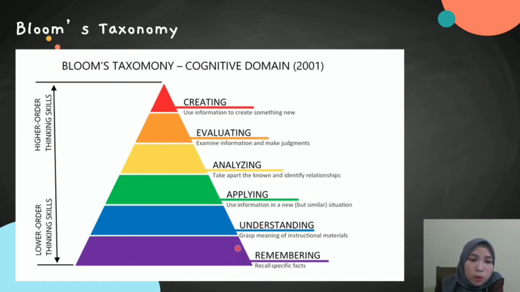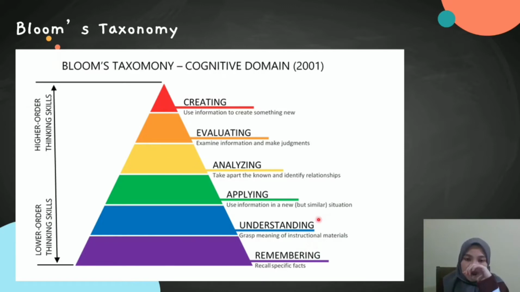So the very bottom of lower order thinking skill is remembering. What is remembering? Remembering refers to recalling specific facts. Example verbs used for remembering are define, duplicate, list, or state. Next is understanding. Understanding is grasping the meaning of instructional material.